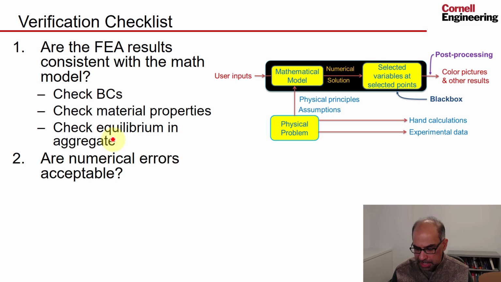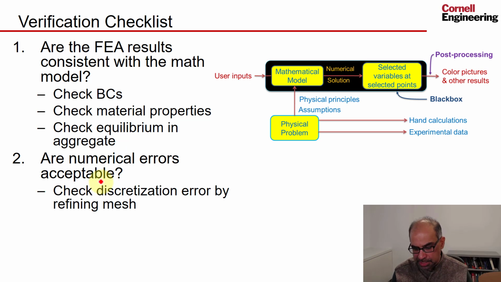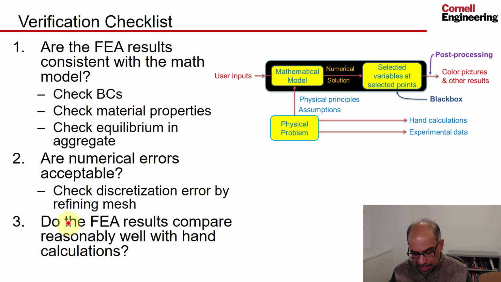And the second aspect, are the numerical errors acceptable? We saw that ANSYS by default is already using a higher order polynomial, and the numerical errors come from the polynomial interpolation. So all we need to do here is check the discretization error by refining the mesh. And then the third aspect is checking against hand calculations.